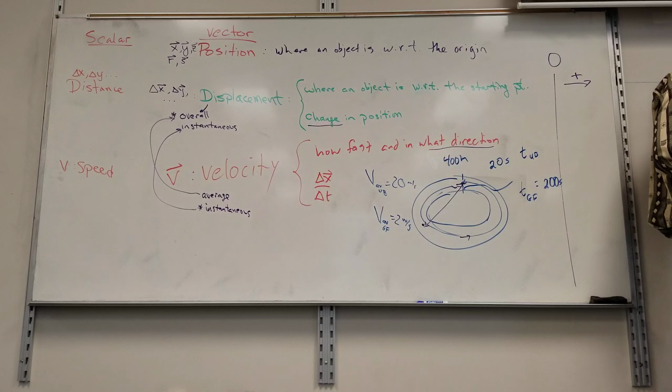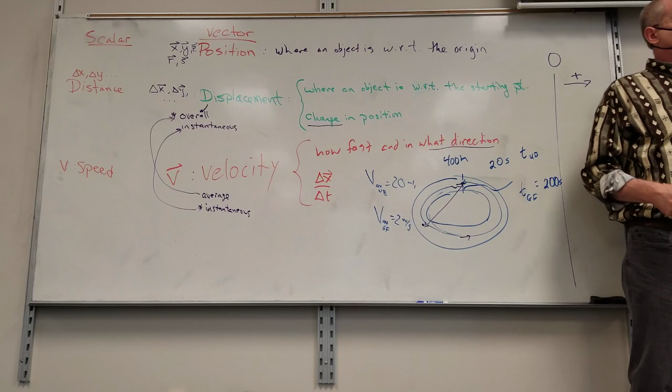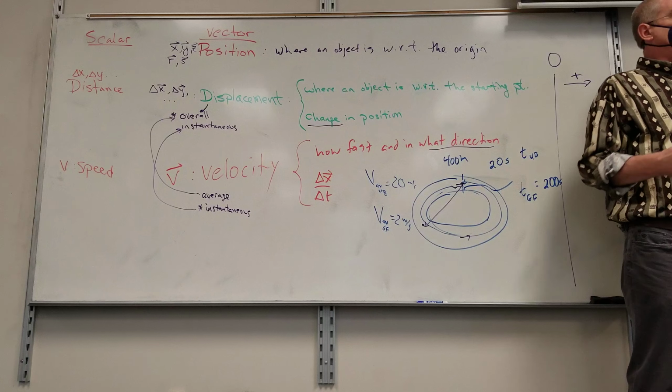I officially labeled this as my starting point. So here, my displacement is zero. My position's positive because I'm on the plus side of where zero is. Here, I'm now on the positive side of my starting point. I'm now on the negative side of my starting point.